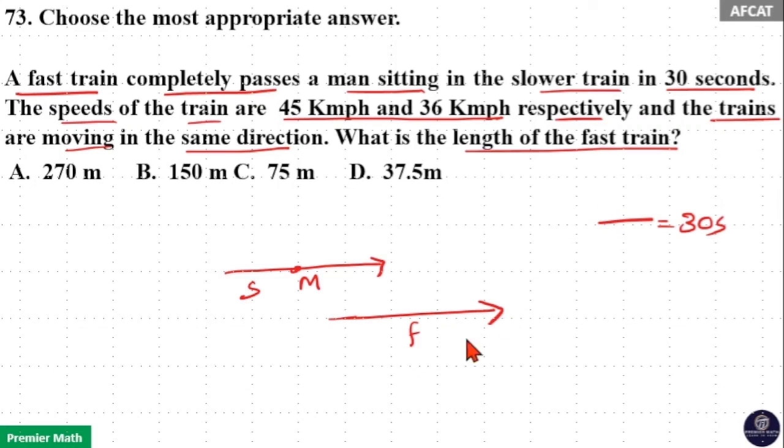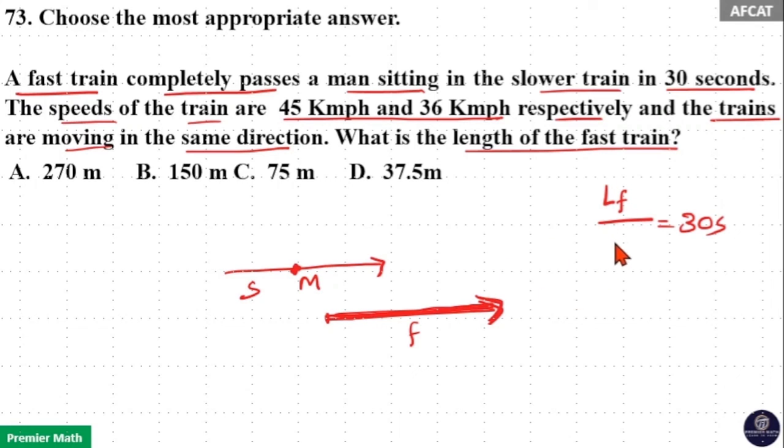Here, this fast train, when compared to this man, completes the length of the faster train. That is, when compared to this man, the distance covered is the length of the faster train, because this train completely passes this man, which means the length covered is the length of the faster train. So the length of the faster train is the distance here.